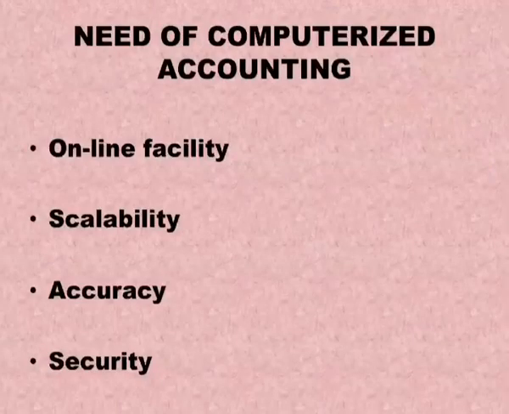There is absolutely no additional cost of processing additional transaction data. Next is accuracy. The information content of reports generated by a computerized accounting system is accurate. In a manual accounting system, the reports and information are likely to be distorted, inaccurate and therefore cannot be relied upon.